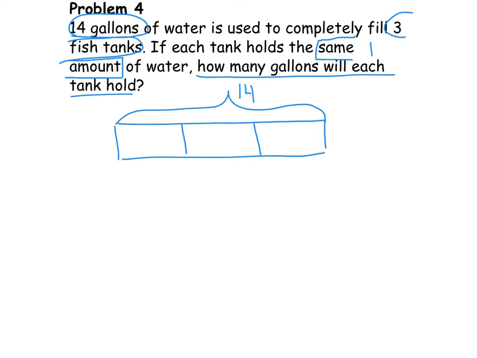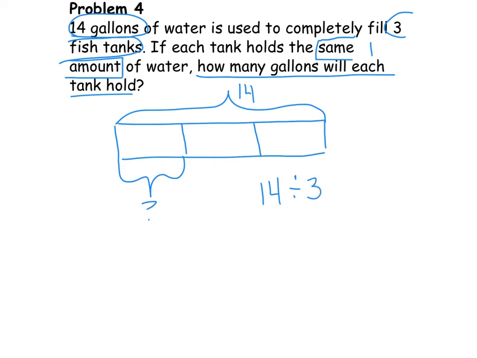And they hold the same amount of water, so their fractional parts are about the same to the best of my ability. And I need to figure out how much 1 tank holds. So I know my total, so I'm going to do 14. I'm figuring out how much each tank holds, the same amount. So I know I'm going to divide by 3.